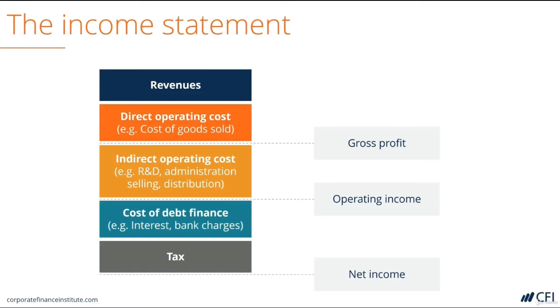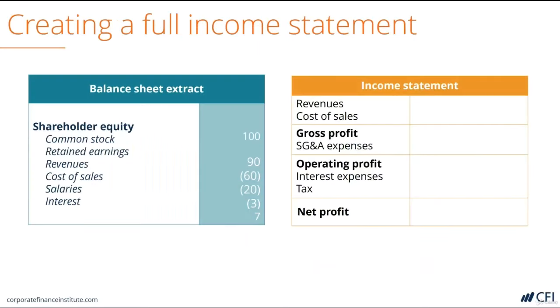Net income can also be called net earnings or net profit. This is the bottom line of the income statement, which then feeds into the retained earnings account on the balance sheet. Now, let's create a full income statement using our previous balance sheet example. On the left, you see an extract from a balance sheet in the previous section.